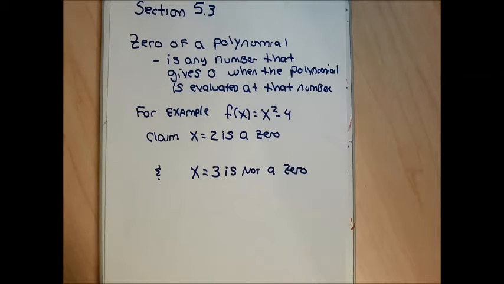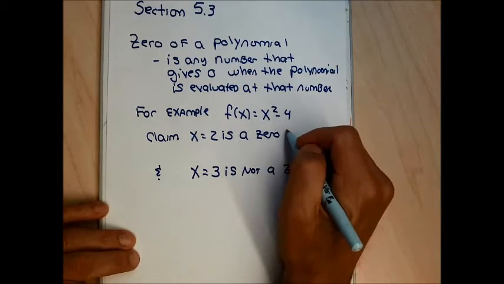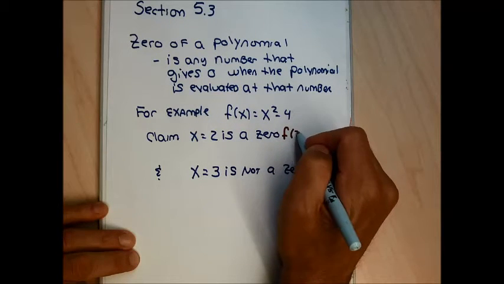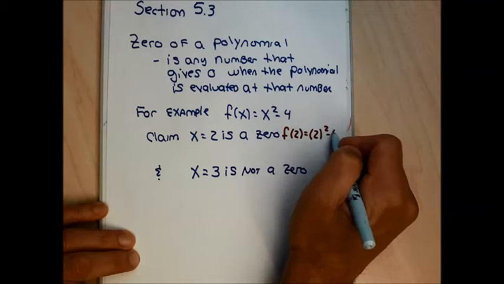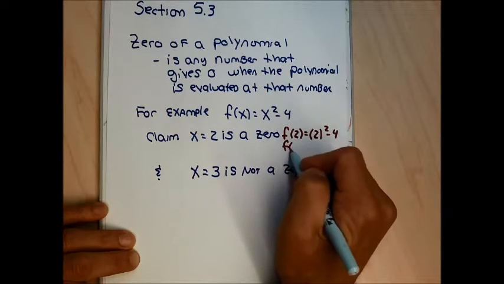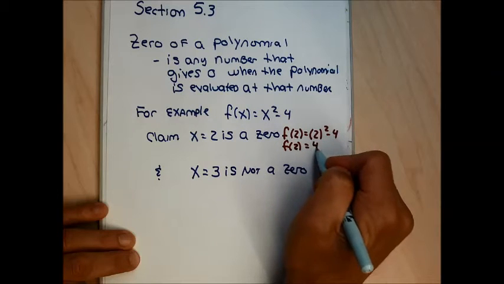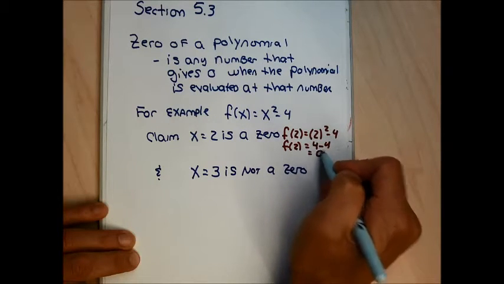Specifically, x equals 2 is a zero because if I find f of 2, if I plug that number in for the x, I get f of 2 is 2 squared minus 4. F of 2 is 4 minus 4, which is 0.